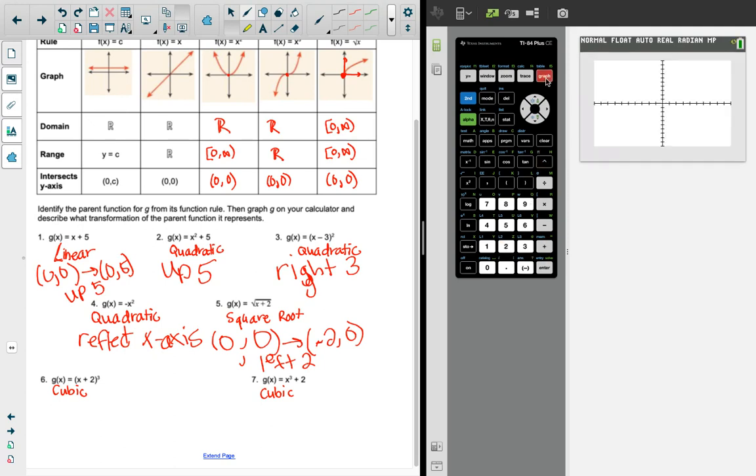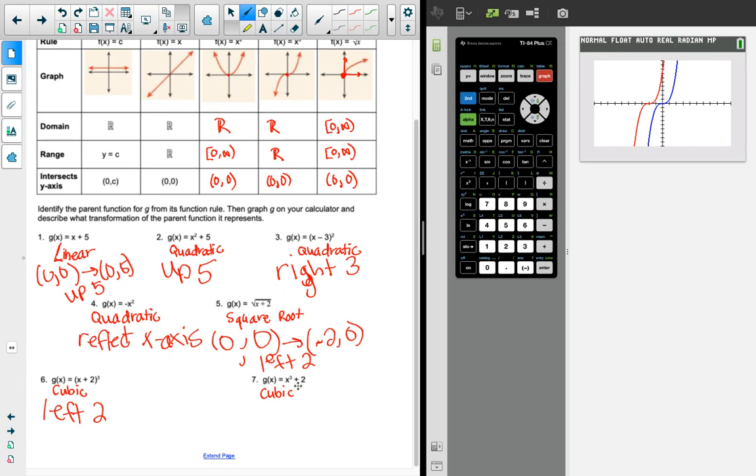All right, graph. All right, so the cubic looks kind of like an S almost. It started here at 0, 0, then it moved over to the left 2. So we're going left 2.